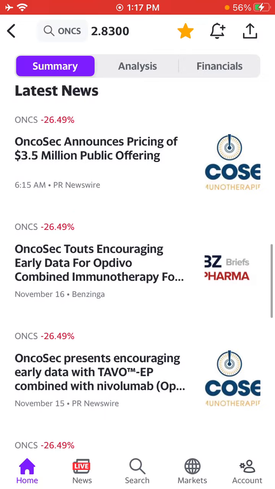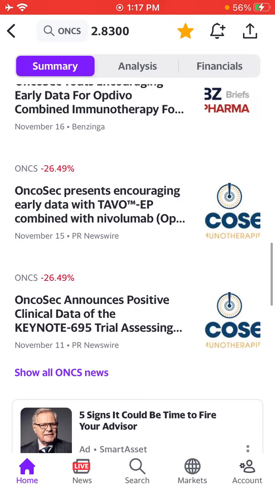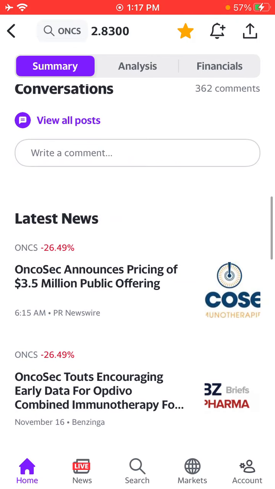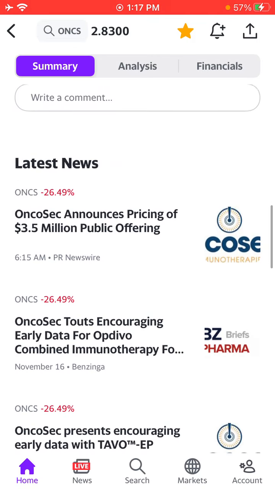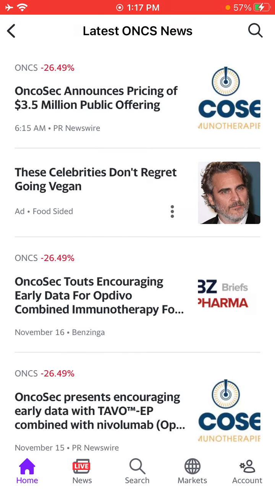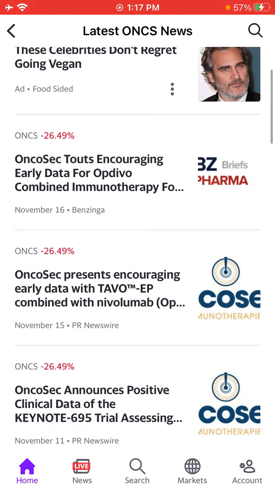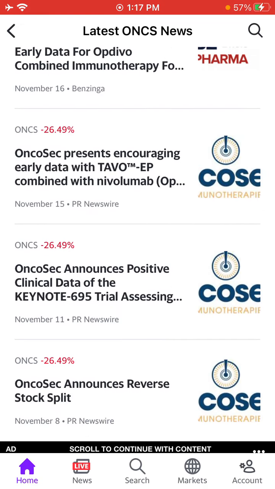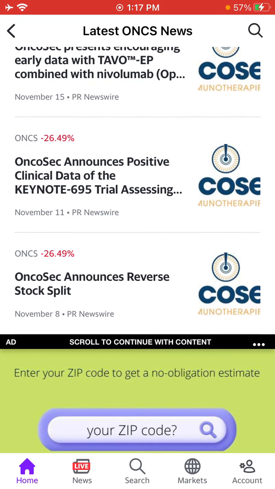So here I'm scrolling on the news of this stock on Yahoo Finance to see the reverse split. Here they announced the reverse split on November 8th.